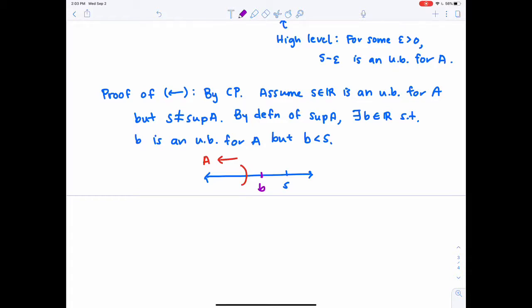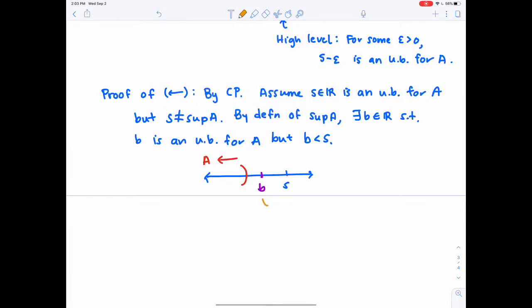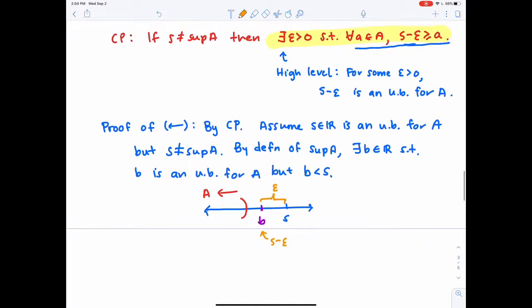So notice this picture looks just like the lemma picture we had before. It looks like B is playing the role of S minus epsilon. And then we have to ask the question, well, what's epsilon? Epsilon is that distance that you've subtracted off of S to make it smaller. So here's our picture. And remember what we're trying to do in our conclusion.